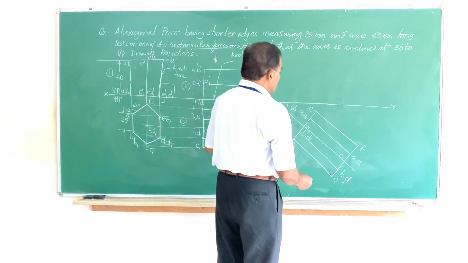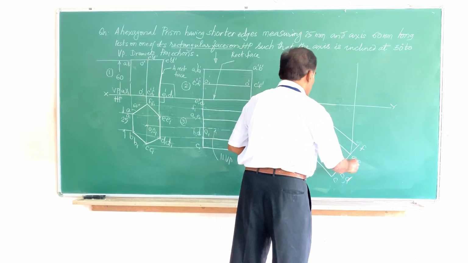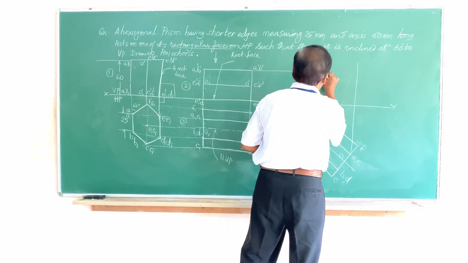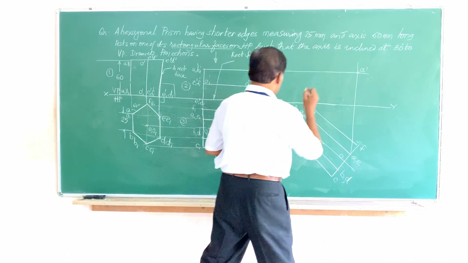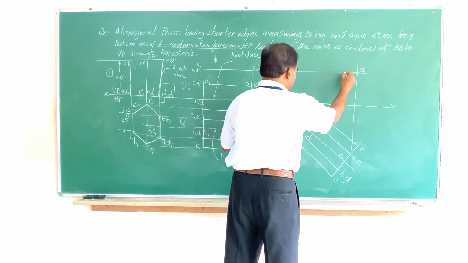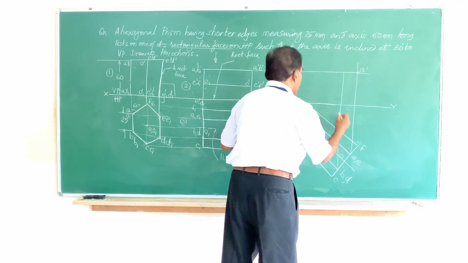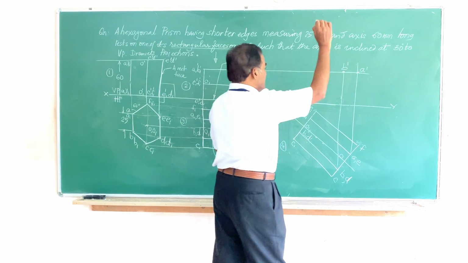So for that, let me start from point A. A vertical line from A, the horizontal line from here will give you the point A dash. Likewise, B, horizontal line from B, vertical line from B. So you get a point here which I call B dash.